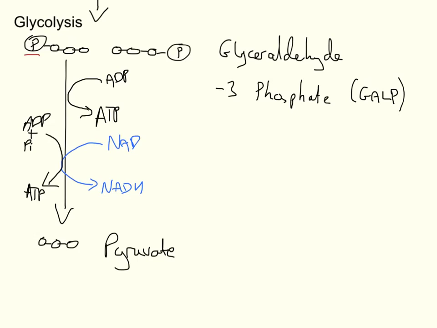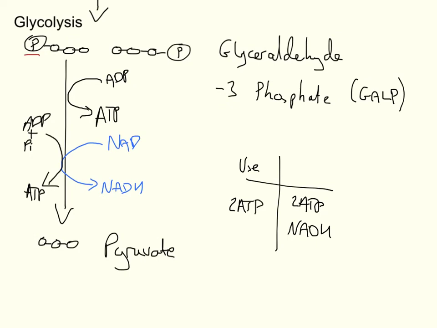So if we consider the net use and net gain, the molecules used, if we go back to the beginning of the reaction, we used 2 ATP molecules. Through the second reaction, we could see that we produced 2 molecules of ATP and 1 molecule of NADH.